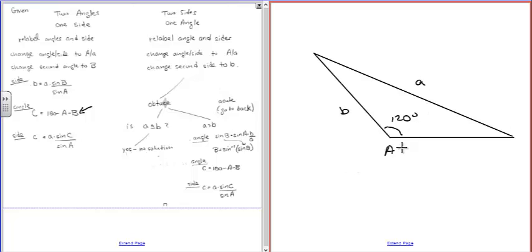So let's give you some numbers. This is 120. Let's say that A is equal to 5, and B is equal to 7. Now, obviously, this is not to scale.